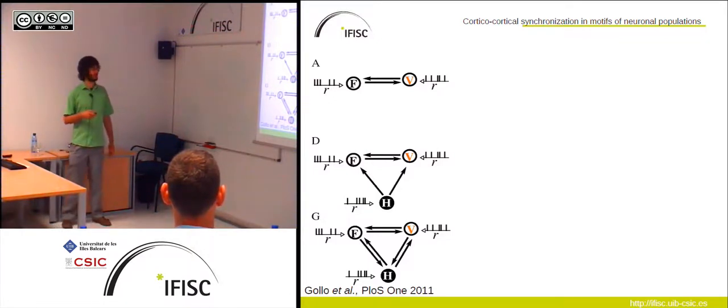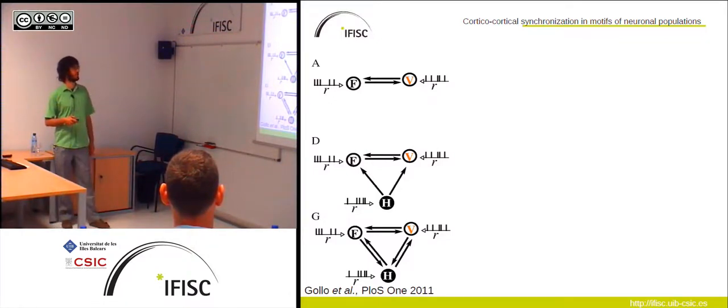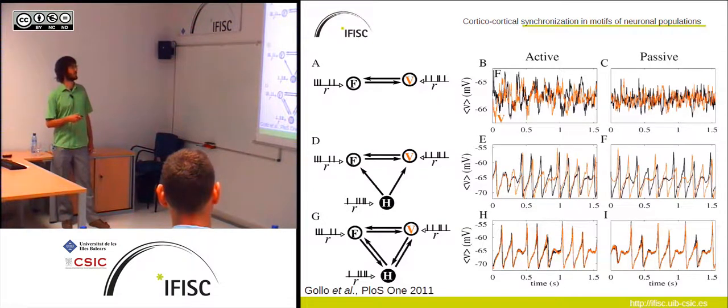We would like to comment on the motif that we used. We are using this motif because the two cortical areas are connected. We cannot avoid this connection. But we can look at the role of the mediator, this relaying element. If it's just sending input to the cortical areas, and not receiving, the two cortical areas are independent.